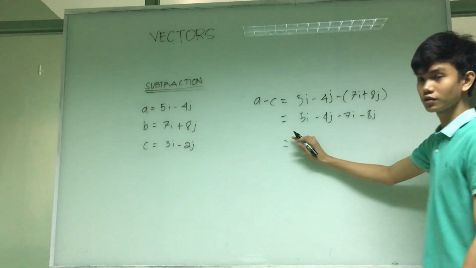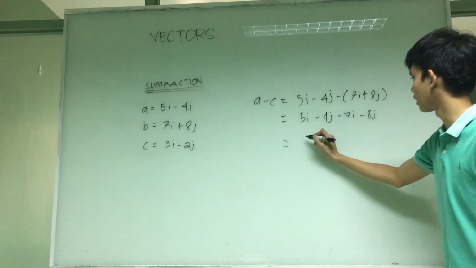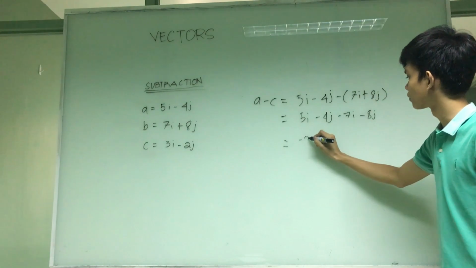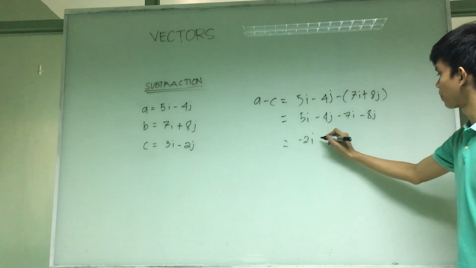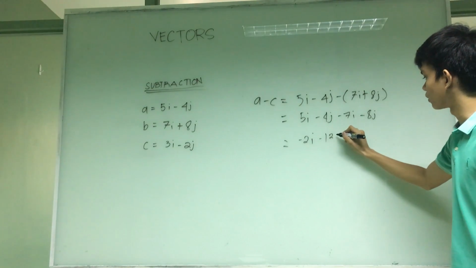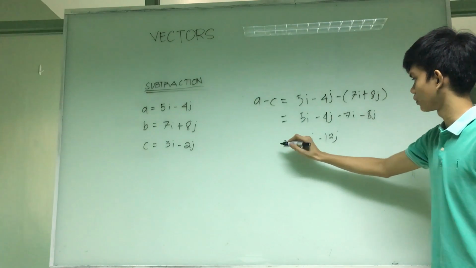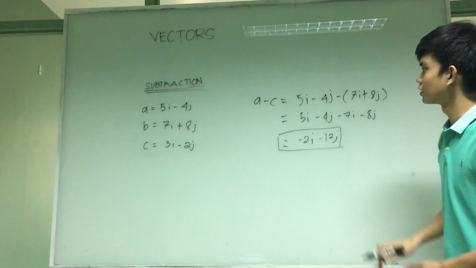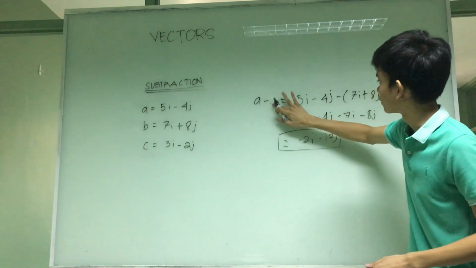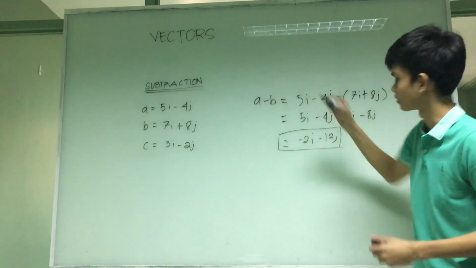Subtract like terms, 5i minus 7i is equal to negative 2i. Negative 4j minus 8j is equal to negative 12j. So we are done. This is the answer for A minus B.